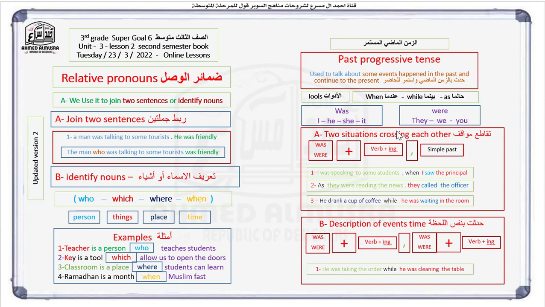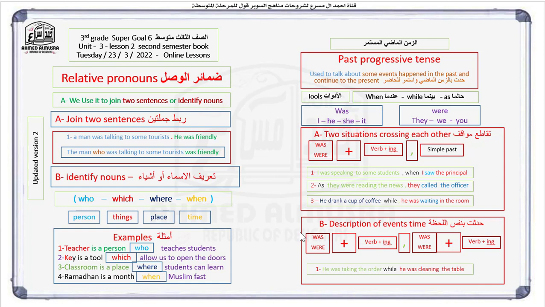I put the second situation in the front, and the one at the beginning I put at the rear of the sentence. This is a correct way to speak with the past progressive tense. But remember, my students, you can exchange between the two situations. There's no problem with that. But remember the structure of the past progressive tense.